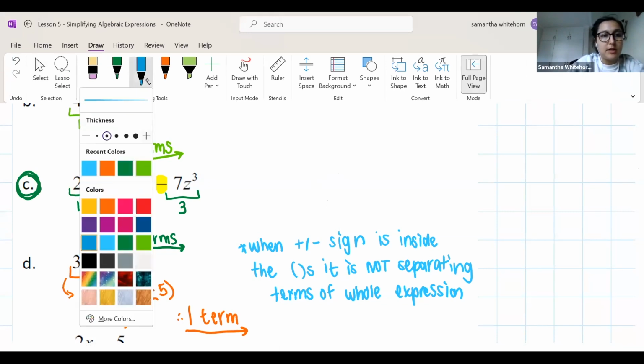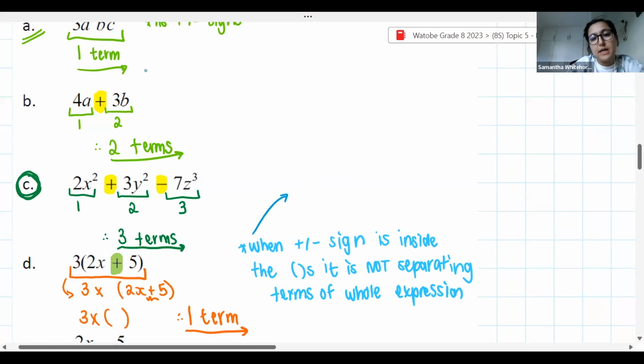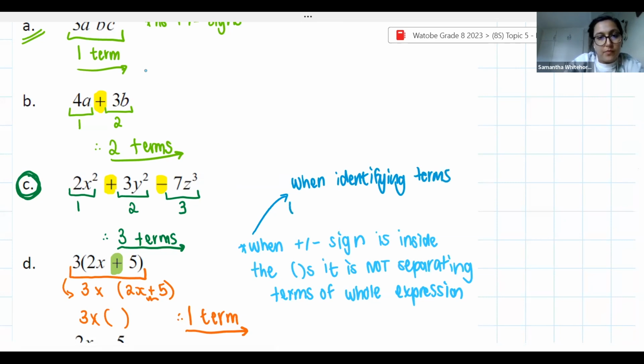Okay, so I'm going to try and maybe reword this a bit. So when identifying terms, we don't look at the plus or minus signs inside the bracket.